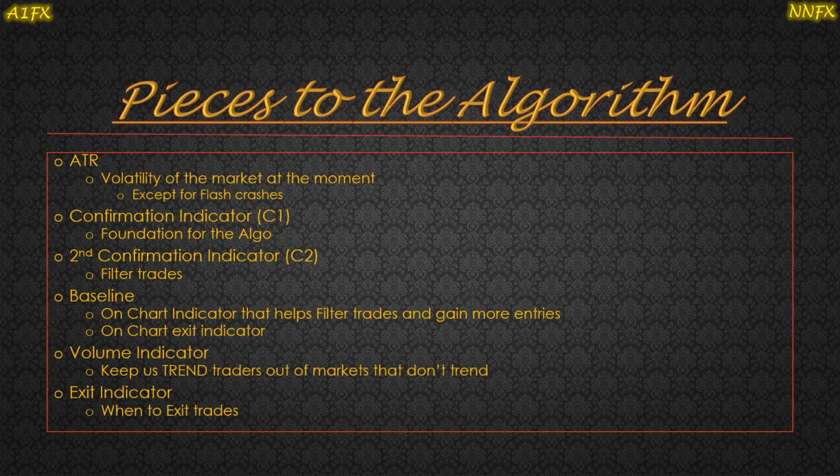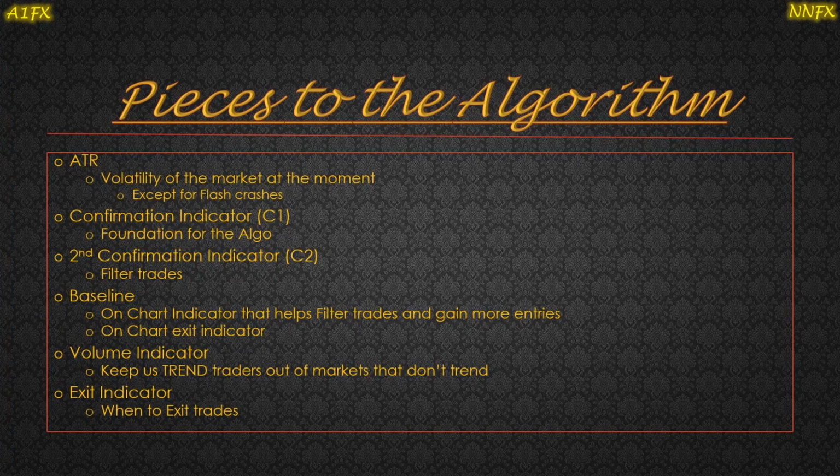The next piece is the volume or volatility indicator. What it does is keep us out of markets that are in consolidation, or in other terms, a market condition where the price isn't really going anywhere. All we're doing is just bouncing up and down, giving us a whole bunch of losses. And the reason they give us losses is that in No Nonsense Forex, we are trend traders.